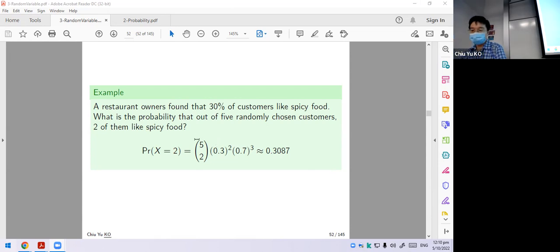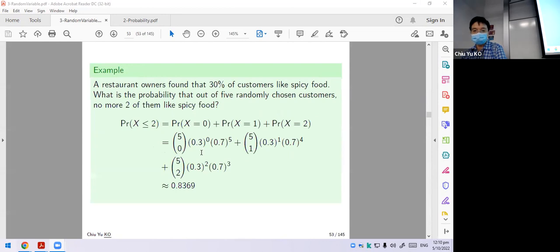Okay. If not, before the break, I want to talk about a related question as well. Here we just focus on 2. What happens if you ask for no more than 2 spicy foods? Without going into the calculation, let's look at the answer first. Here we have 83% for no more than 2.